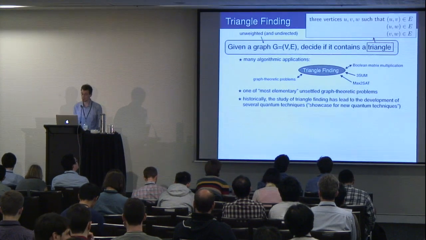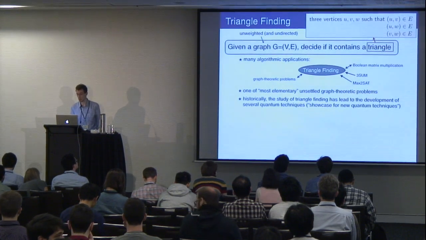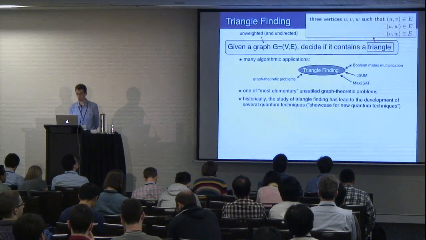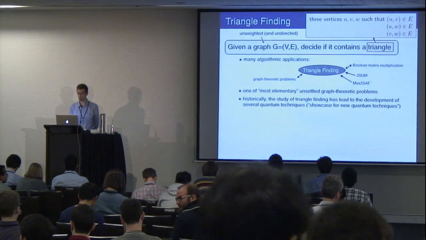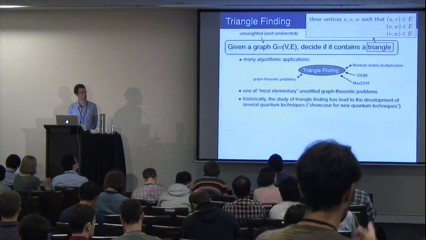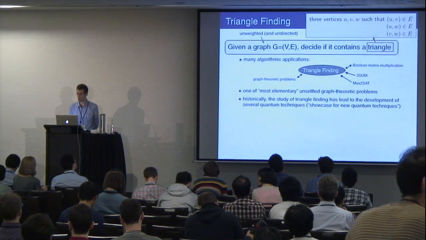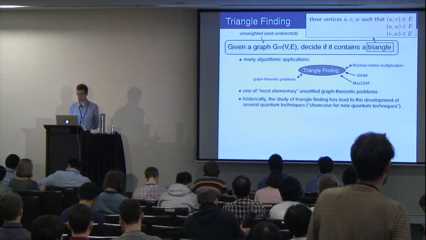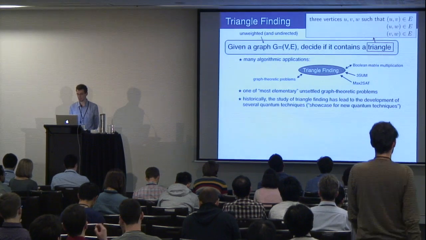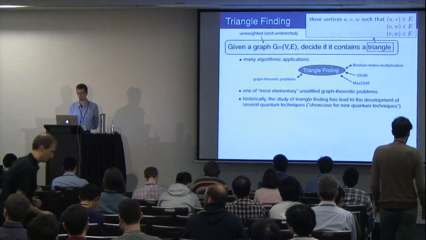So why is this problem interesting and important? First, because it has many algorithmic applications. Triangle finding is related to many graph theoretic problems, but also to problems from outside graph theory, for example, Boolean matrix multiplication, the threesome problem, or designing exact algorithms for max-2 set.